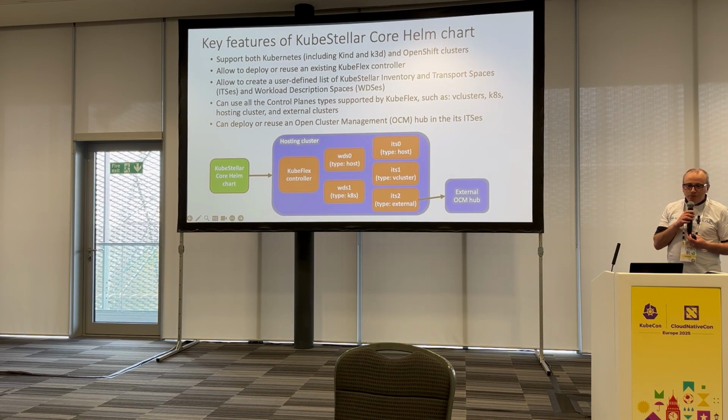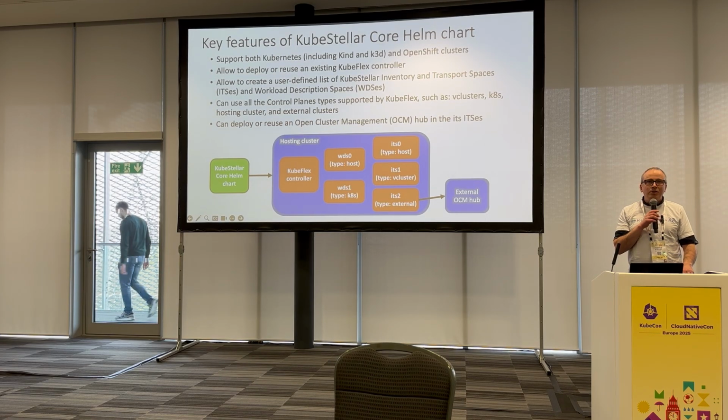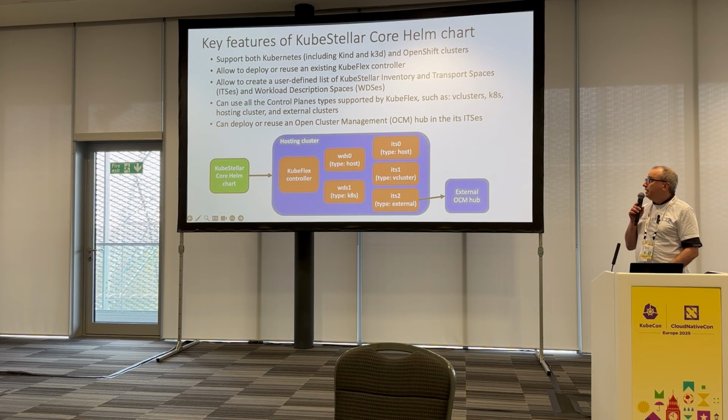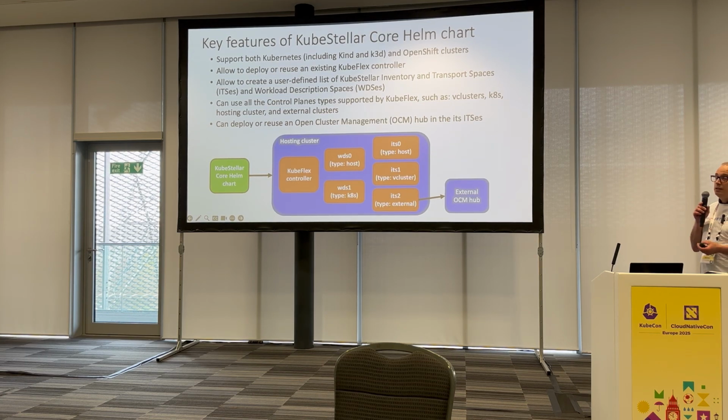When I joined the project, I took ownership of trying to develop a Helm chart for the KubeStellar project. And you can see here some highlights. The Helm chart supports, as was mentioned before, all the types of clusters supported by Kubernetes and OpenShift, and allows you to either deploy or reuse an existing KubeFlex controller on the chart, and also to create a user-defined list of the different KubeStellar spaces that are supported.